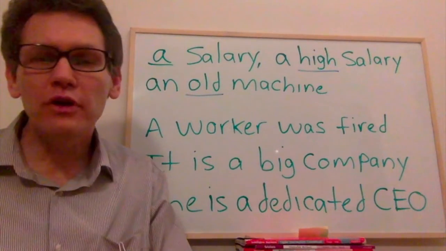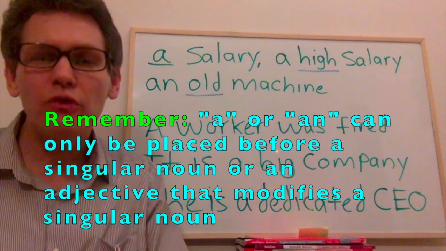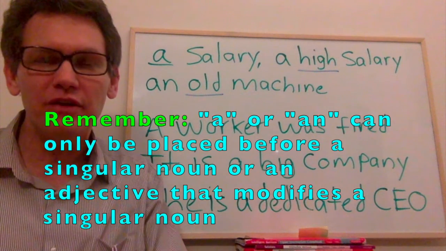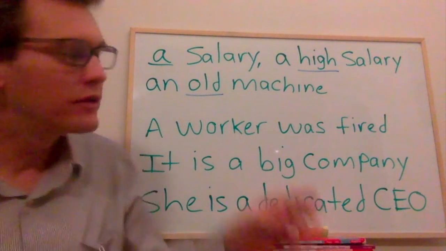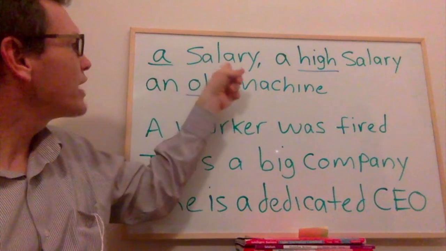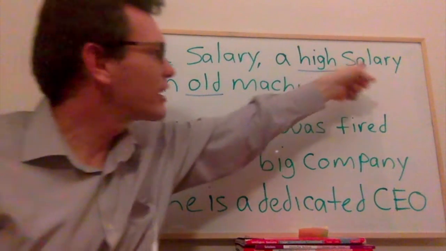So remember, a and an can only be placed before a singular noun or an adjective that modifies a singular noun. Let's look up here at the board for some more examples here. A salary, one salary. A high salary.